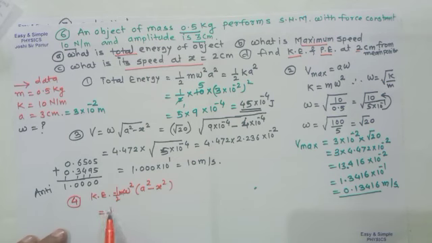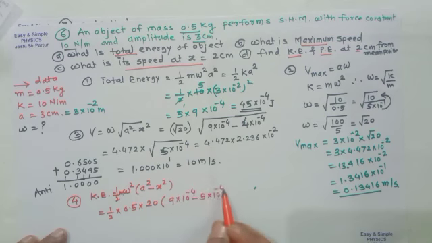So here half multiplied by 0.5 multiplied by omega square, which is 20, in bracket a square is 9 into 10 raised to minus 4, minus 5 into 10 raised to minus 4.